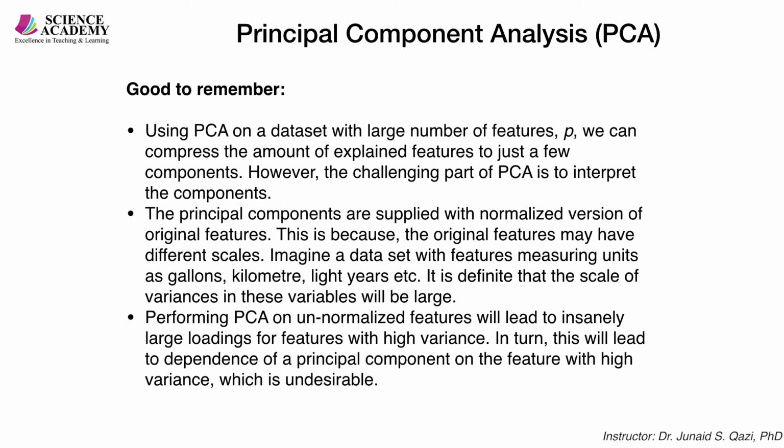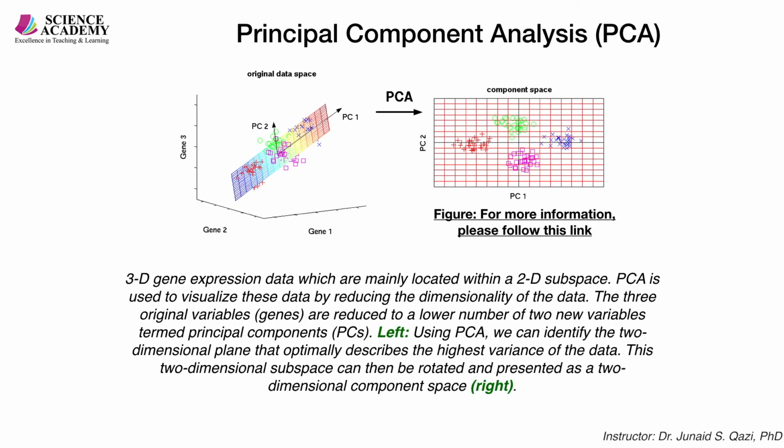Another important thing is that performing principal component analysis on unnormalized features will lead to insanely large loadings for features with high variance. In turn, this will lead to dependence of a principal component on the feature with high variance, which is undesirable.